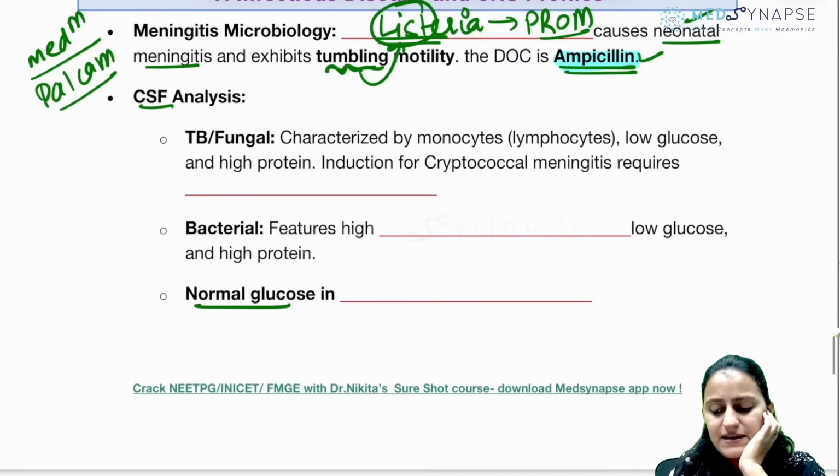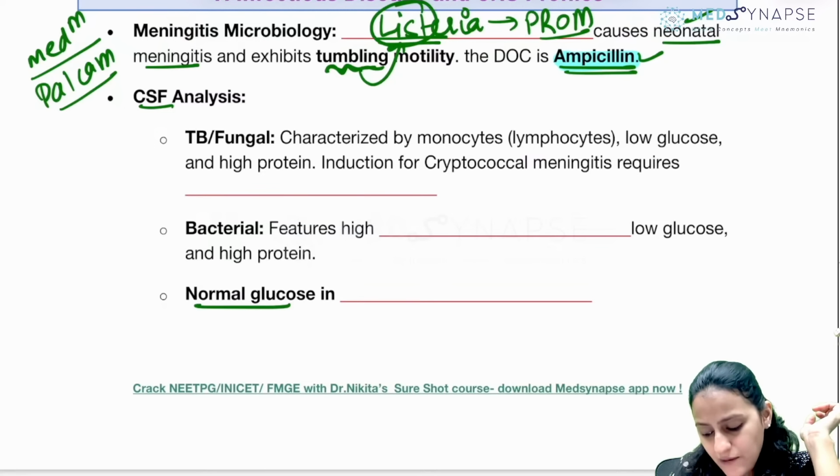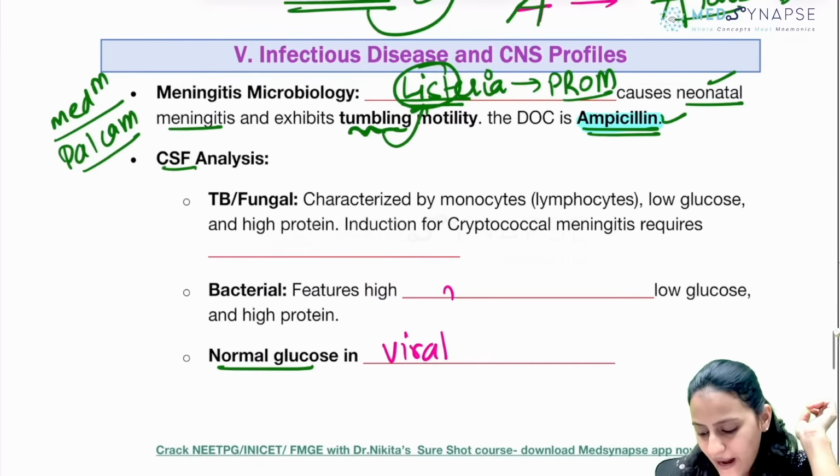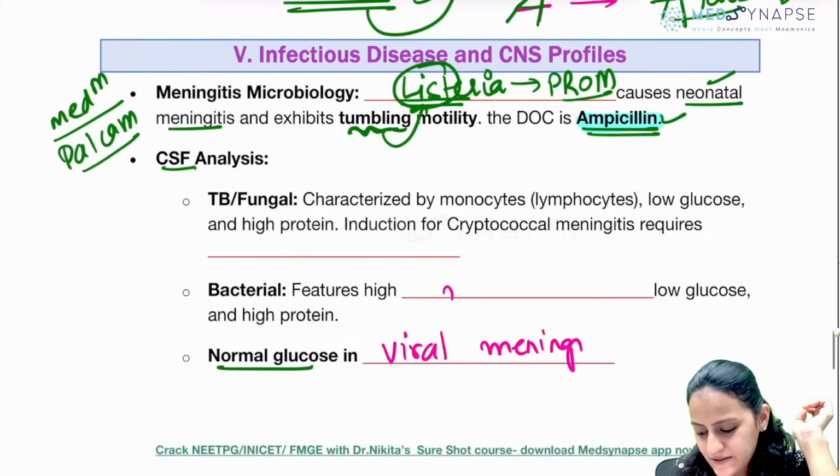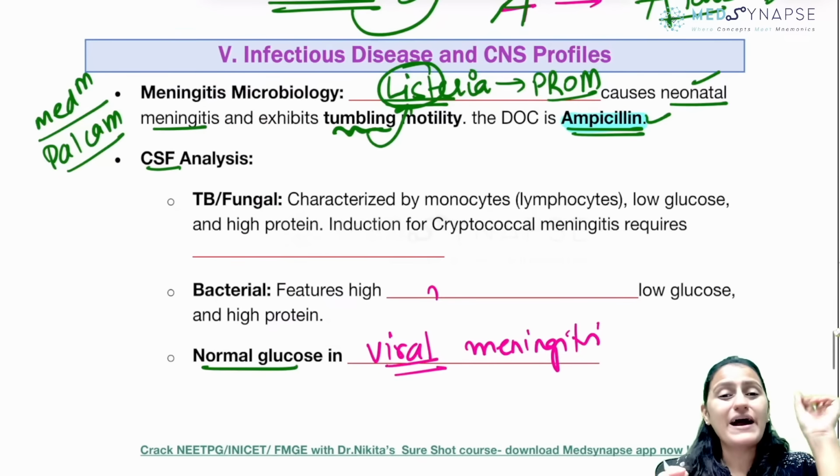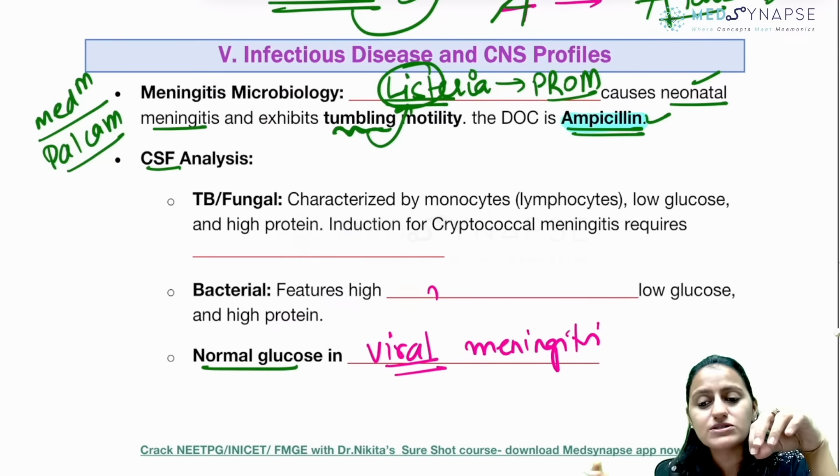Next one, in what meningitis do you have normal glucose? That is very, very important. If the CSF glucose is normal, it is viral meningitis. Remember, virus does not eat glucose and that is why it is going to be normal glucose.